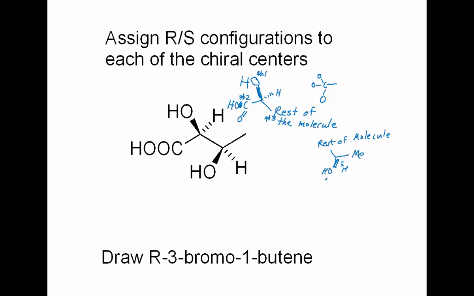So OH is number 1. The rest of the molecule has an oxygen on it, whereas this is just a methyl which has only hydrogen, so the remainder of the molecule is number 2, methyl is number 3, and hydrogen, of course, is number 4.